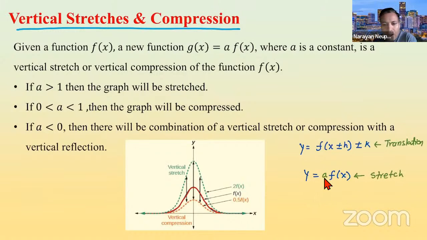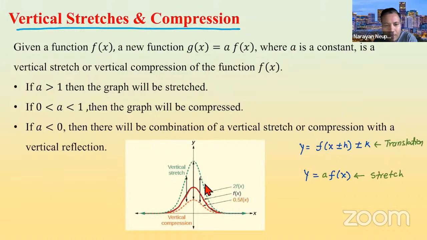Now, if the value of a is more than 1, everybody look at the screen. If we multiply this function by a number like 2, 3, 4, and so on, a number more than 1, then the graph will vertically stretch. Look at this screen here. This is the function f of x. If we multiply by 2, you can see 2f of x.